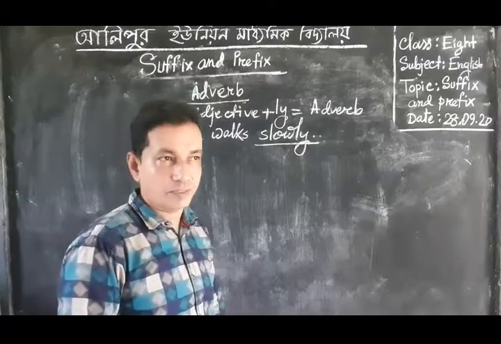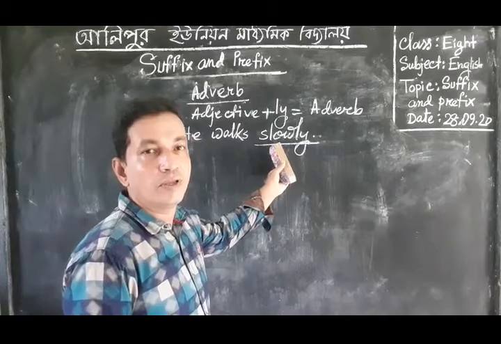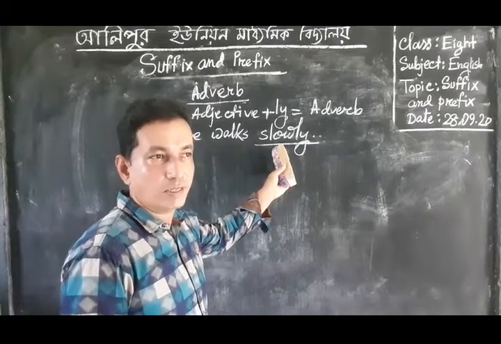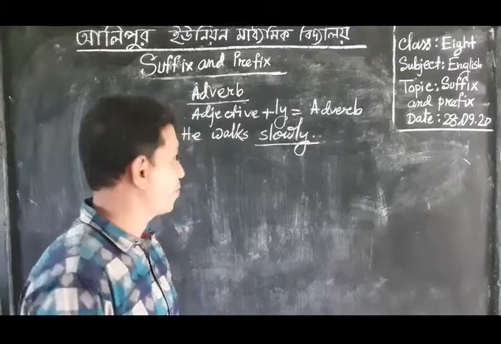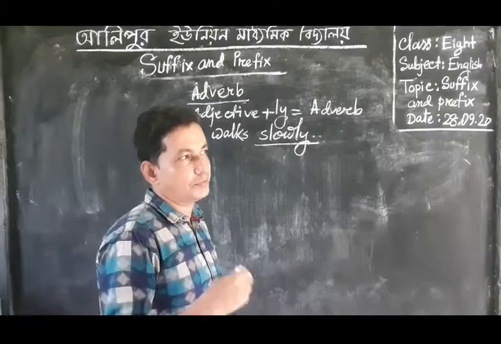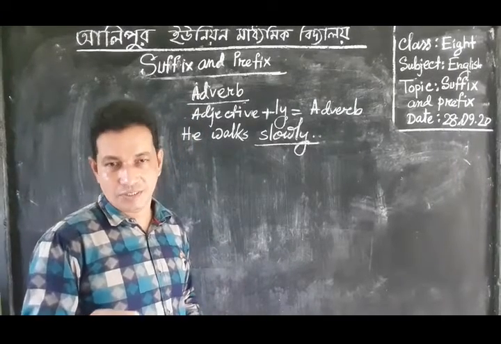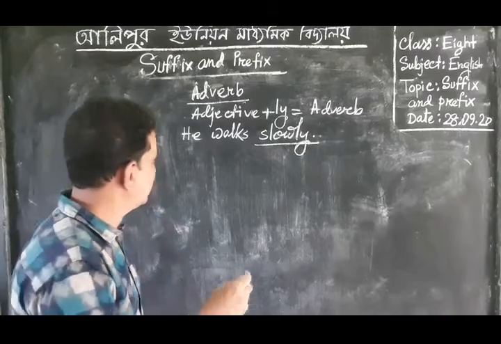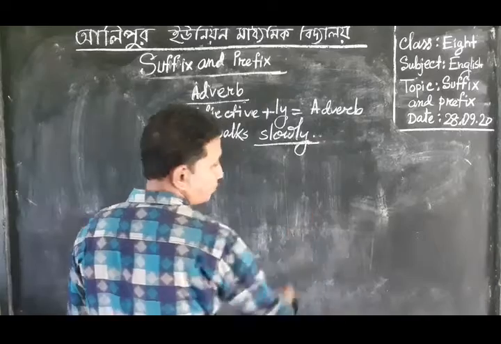And in suffix and prefix, we see this formation of adverb. Nevertheless, there are so many signs of adverb in English grammar. So, where does adverb sit? Adverb can sit in many places in a sentence. It can sit at the end of the verb.